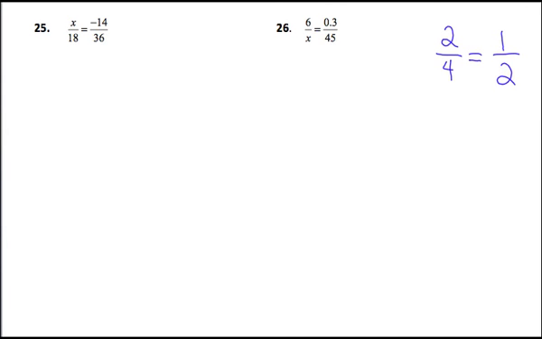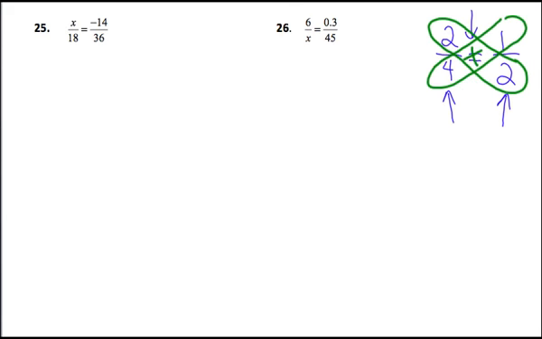So that's two fractions set equal to one another that form a true statement. And one of the things that we know about proportions is that their cross products, 2 times 2, is equal to 4 times 1. 2 times 2 is equal to 4 times 1. They're both equal to 4.